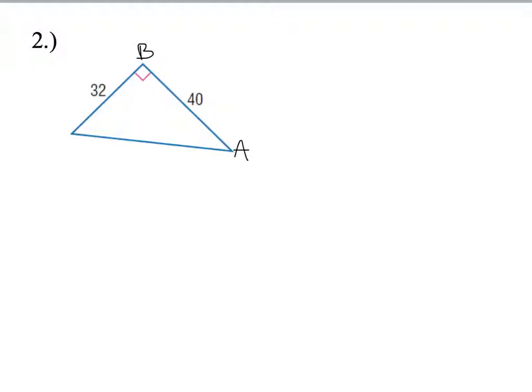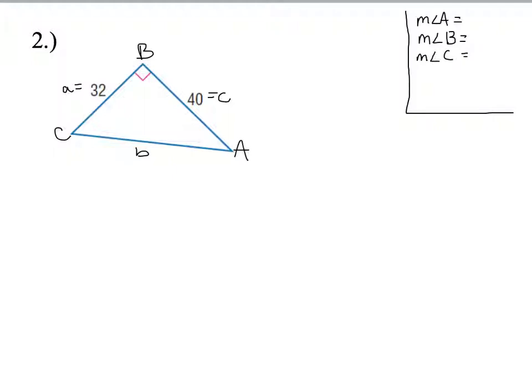A, B, C, which means side opposite A is little a right there. Opposite C is little c. Opposite B is little b. Up here in the corner, we'll have our answer box. Measure of angle A equals, measure of angle B equals, measure of angle C equals.